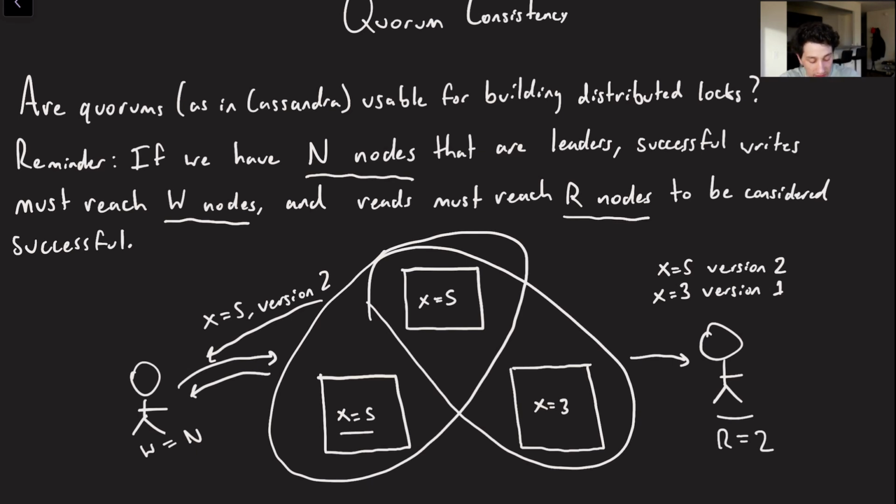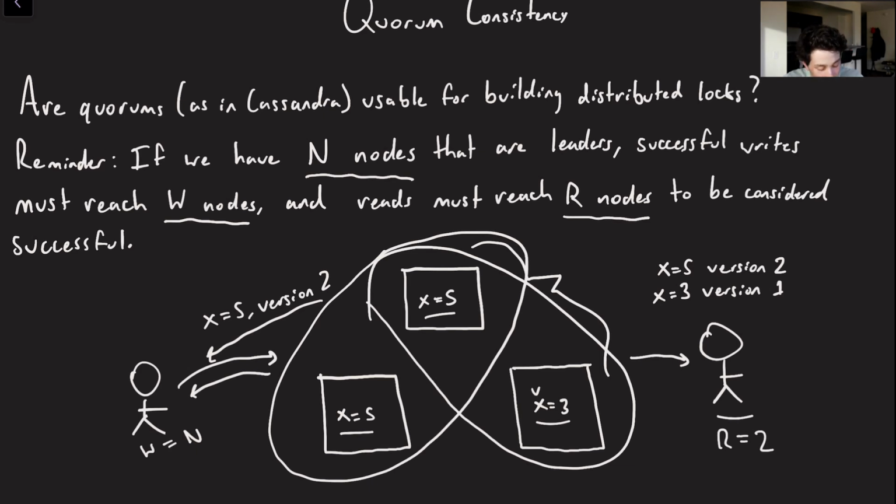So in this case, this node is being written to x equals 5. This guy is being written to x equals 5. Maybe the previous value of x was 3, right, as is shown in this old node that we didn't write to. But when we read, we have to pick 2 of them. So in this case, we're going to pick the write nodes over here. And so actually, every single time that you make a write, you can take a version number for that key and increment it.